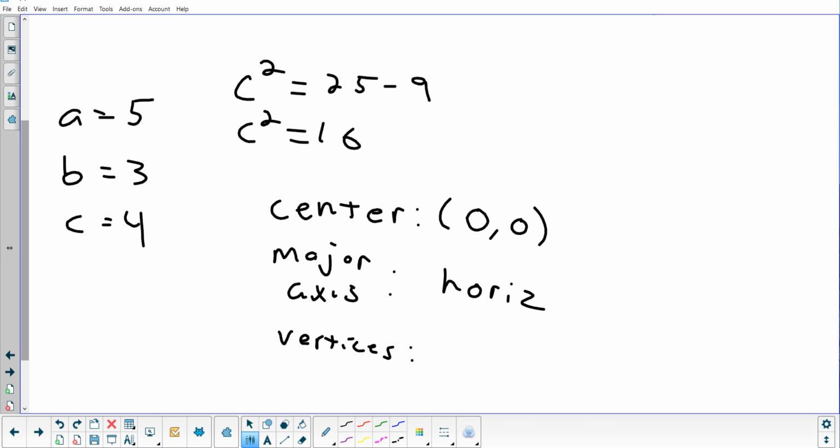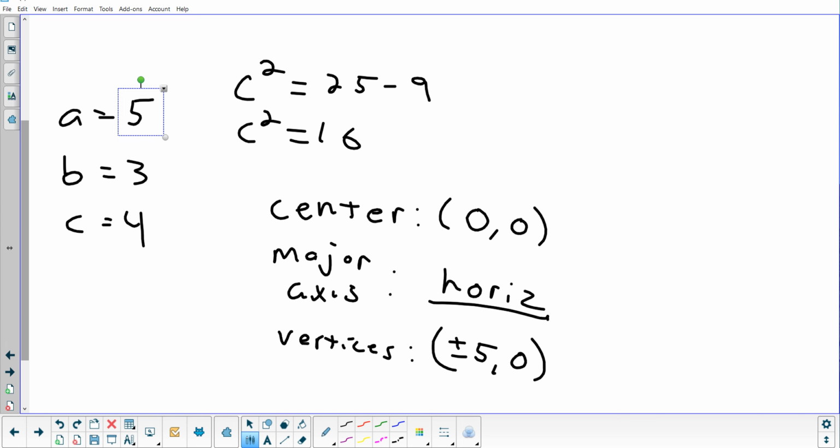Left and right. They're horizontal. So here's the center. What's the coordinate that is 5 units left of center? Yeah. Negative 5, 0. And what's the coordinate 5 units right of center? Ethan? 5, 0.